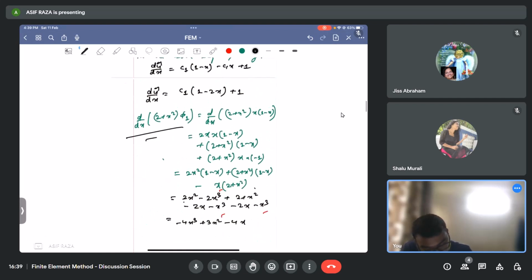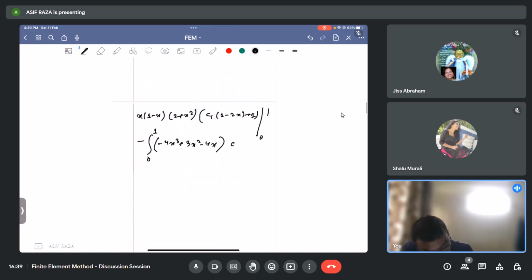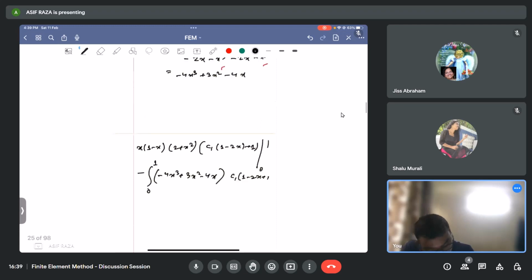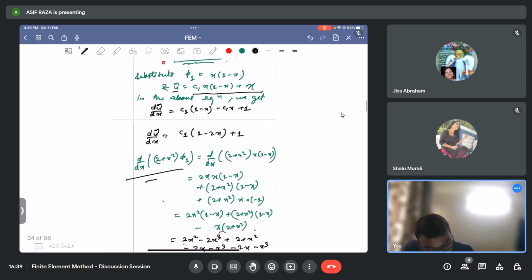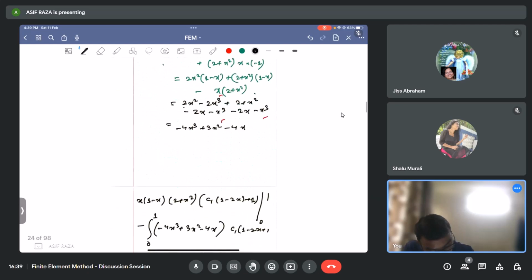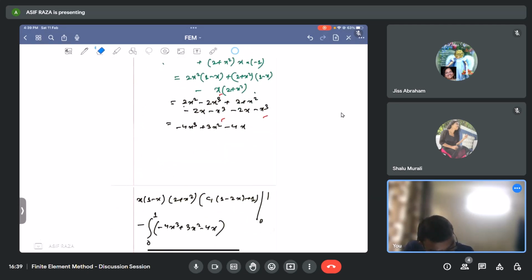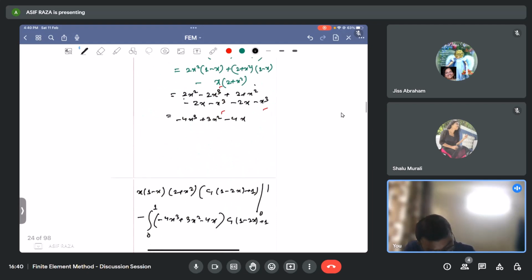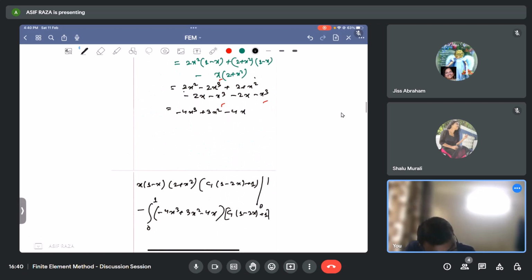Du prime by dx is this c1(1 minus 2x) plus 1, right? Yeah, integrated sense equal to 0.